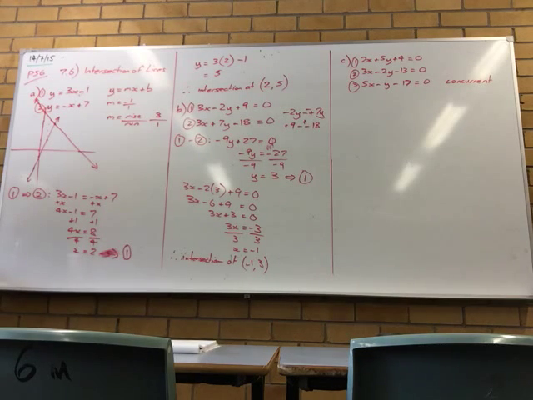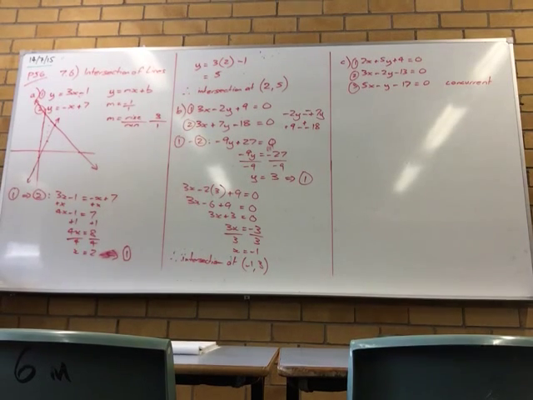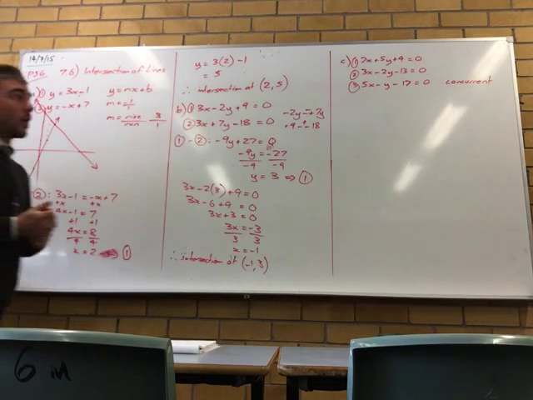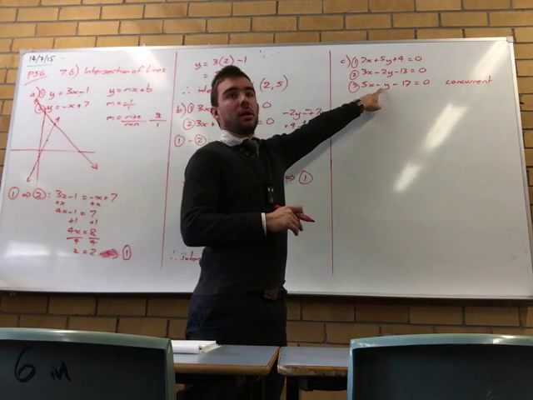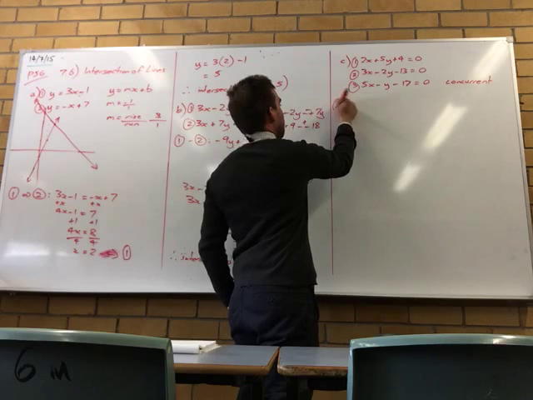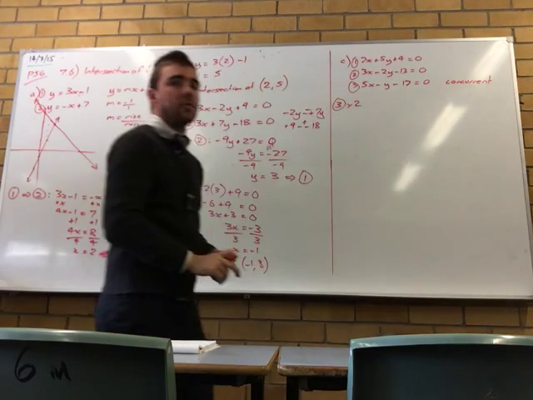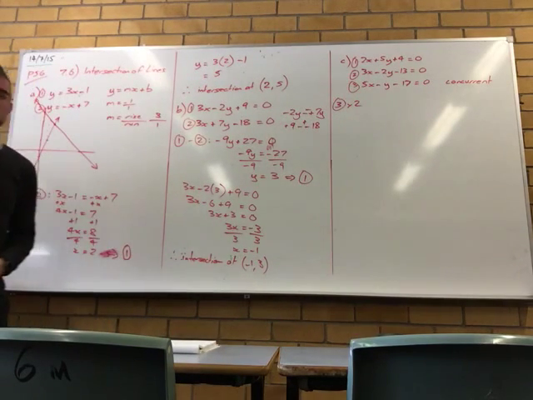So if we look at equation 2 and 3. Right, so I can see the y terms, it has the negative 2y and it also has the negative y. Alright, so if I want to get the same number in front of the y terms, that means I need to have a 2 here. So if I do equation 3, I'm going to multiply every single term in equation 3 by 2.